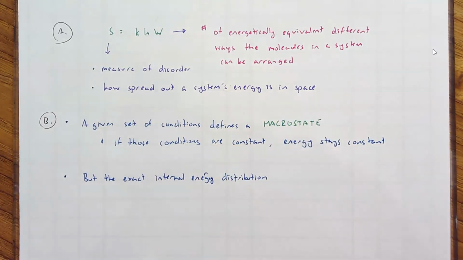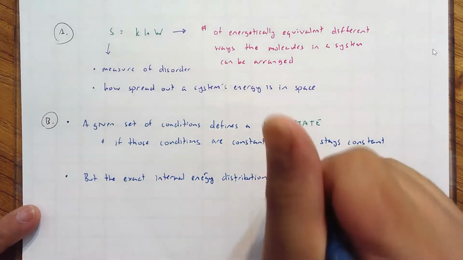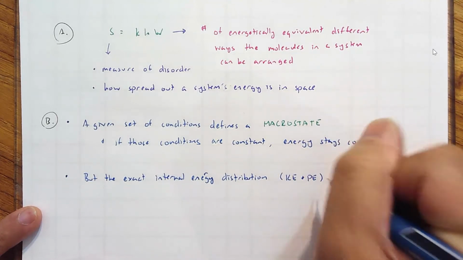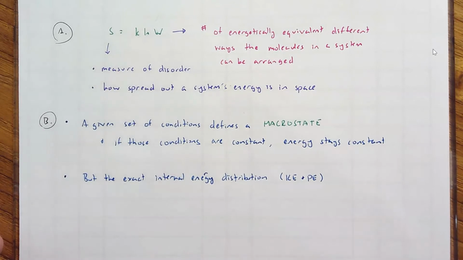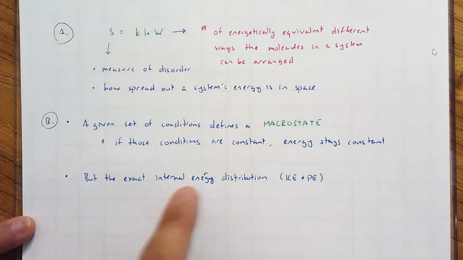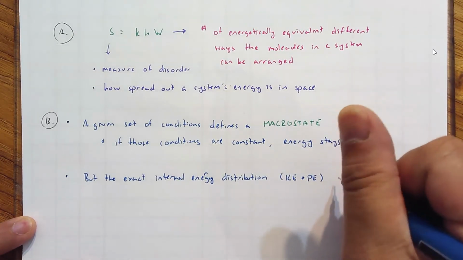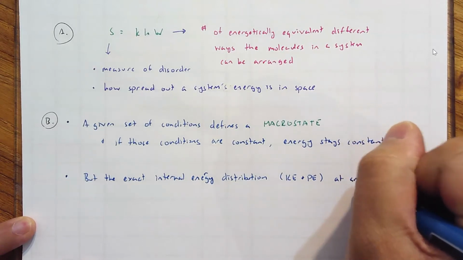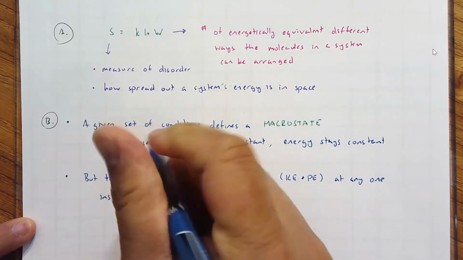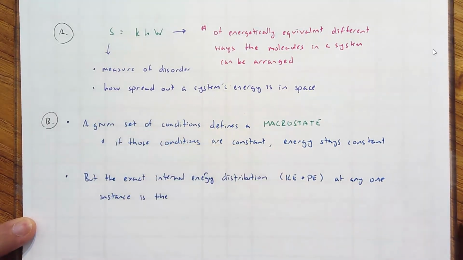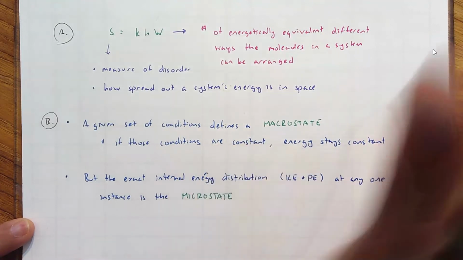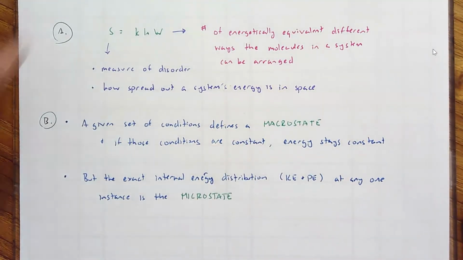In the example in this video, we're going to be working with gas molecules, and you're trying to visualize the kinetic energy and the potential energy of these molecules whizzing around in a defined space. So the exact internal energy distribution at any one instance is the microstate. Okay, digest that for a bit.